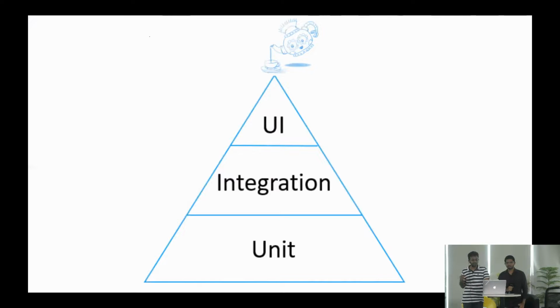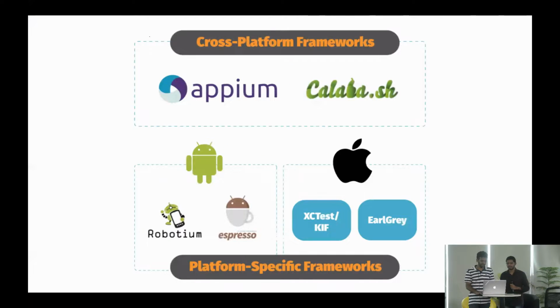So since it is less expensive, we can have it in our CI pipeline or even have it as a pre-commit hook, which would help us not to break the build. If the test does not pass, we don't allow the commit. So the reason for having EarlGrey and Espresso separately is for faster feedback.